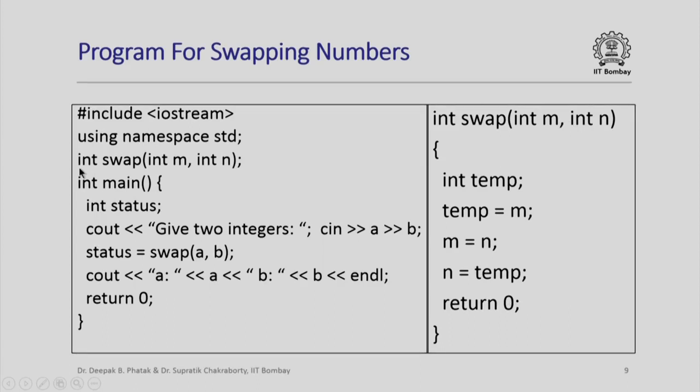Now if you note here, since we are using call by value, when this function gets called, the values of a and b in main are actually copied to the activation record of swap. This m and n are really local variables of swap, and when swap manipulates the values of m and n, it is really manipulating its local variables, and finally when swap returns, all those manipulations, all those changes are lost, and so main does not get to see the swap that this function tried to do.